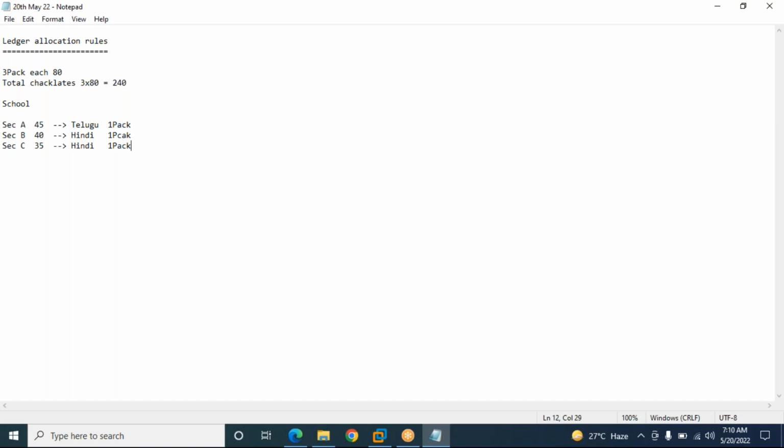Then here 80 chocolates. So the teacher has distributed only one. Now remaining 30 out of 45, remaining 35 is lying with the faculty teacher. Here the teacher has distributed 2 chocolates. Here also 2 chocolates were distributed, but extra 10 is available.